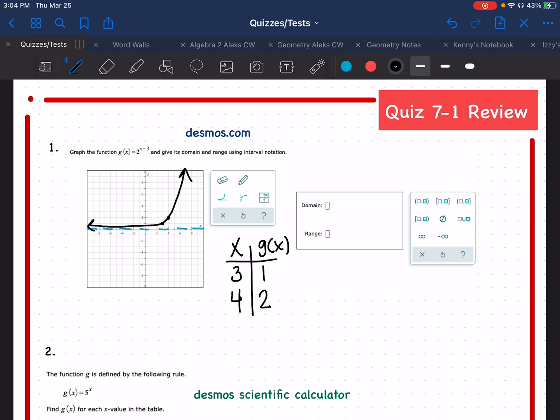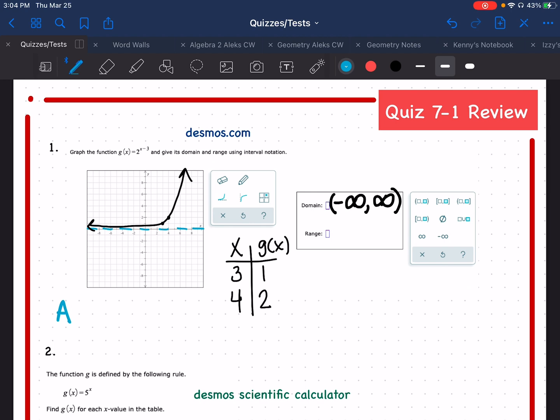Now, the domain for the exponential functions is going to be negative infinity to positive infinity. Every time you graph it, there's very few times when it won't be. The range is going to be limited and stopped by where your asymptote is. And your asymptote is at y equals 3.